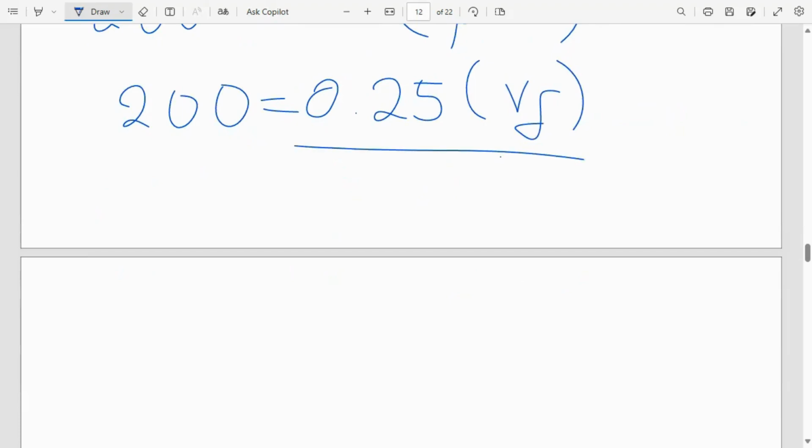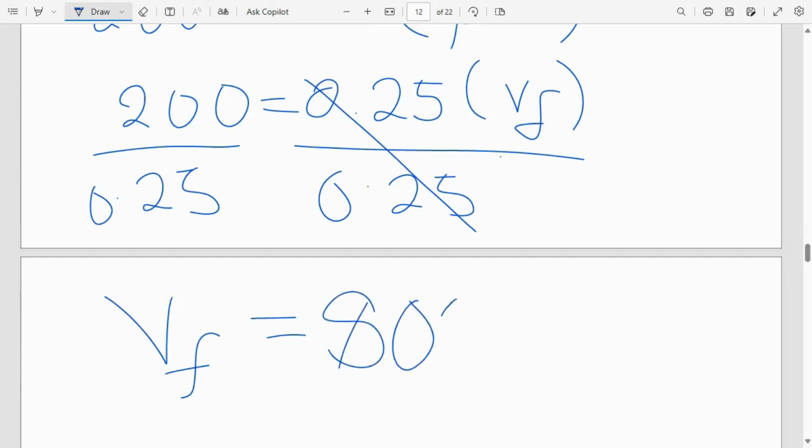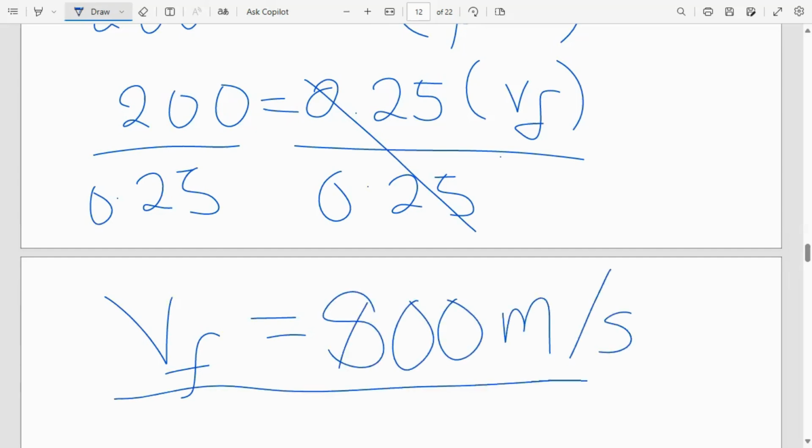So I'm dividing both sides by 0.25. This will cancel out and I'll get my V final being equal to 800 meters per second.